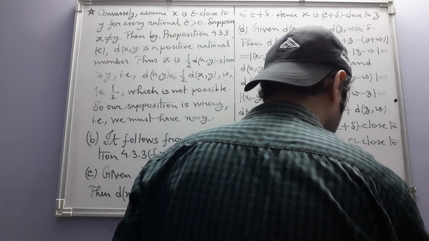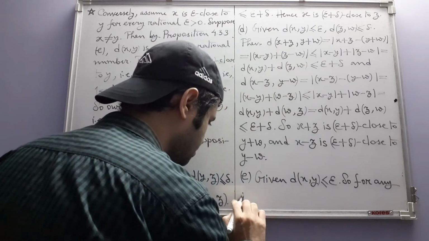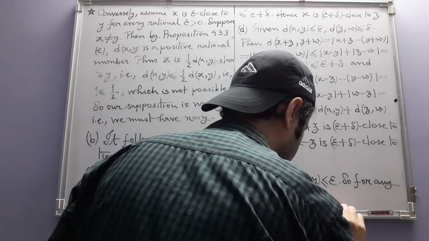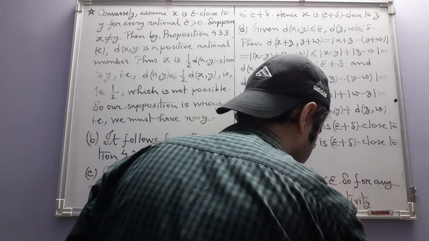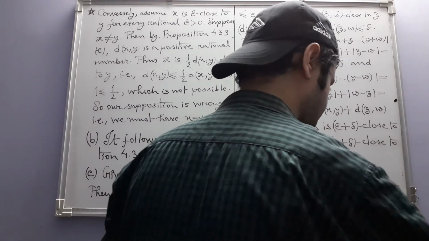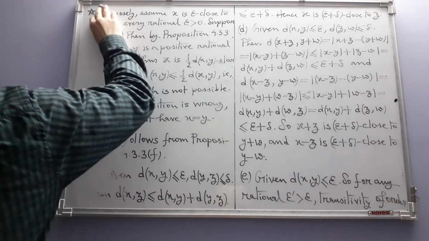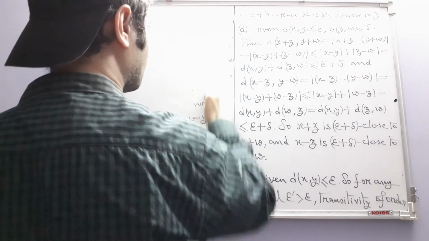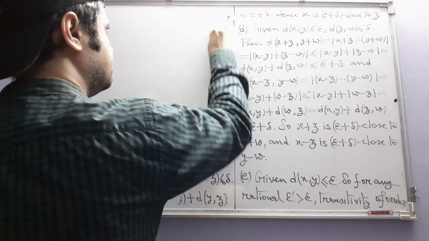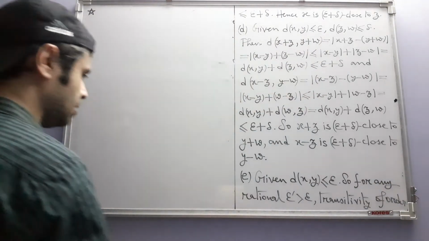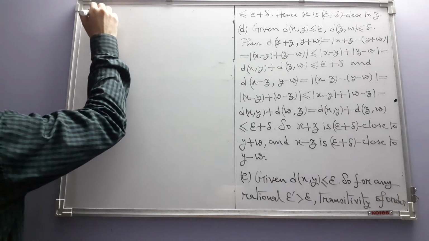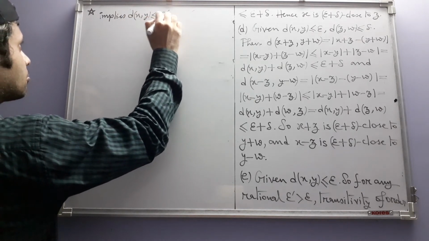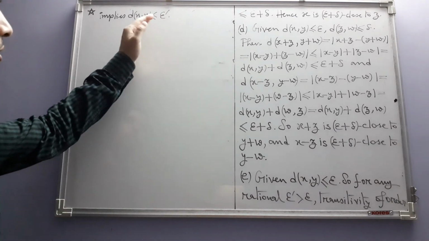Given this, so far, any rational epsilon prime greater than epsilon, transitivity of order implies actually it will be strictly less than epsilon prime, but we can write this one also.